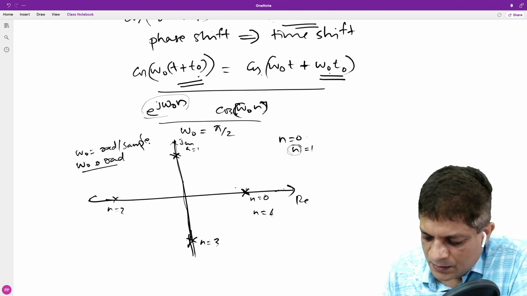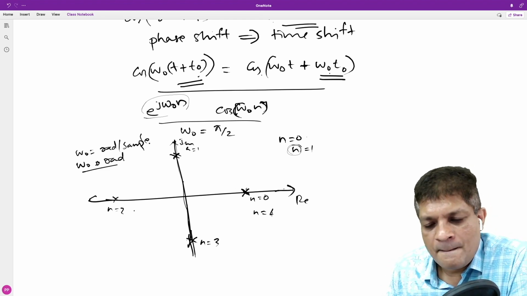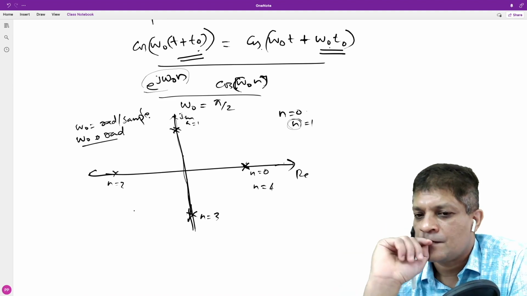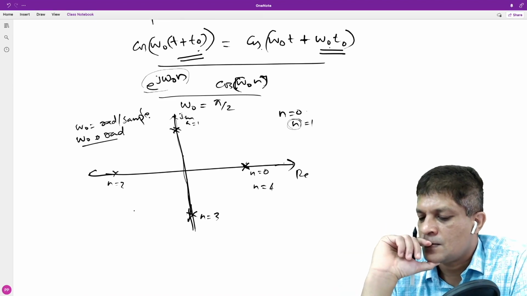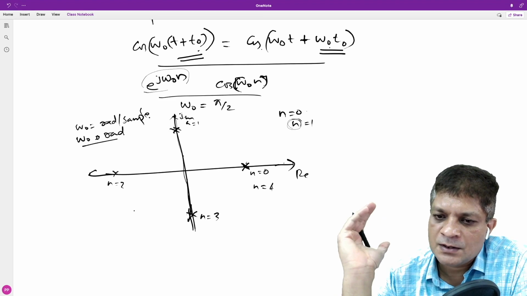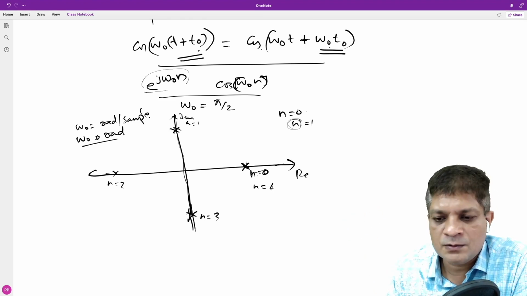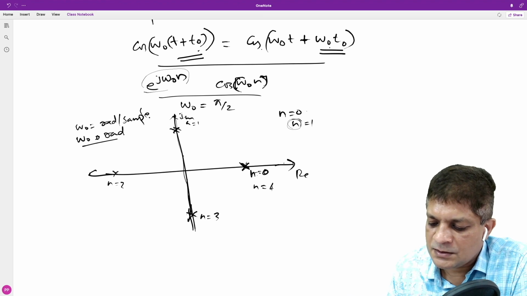Now the question is, is it a periodic signal? Discrete time complex exponential signal? What is a periodic signal? Let's say this is n, when n is 0, the value of the signal is this.